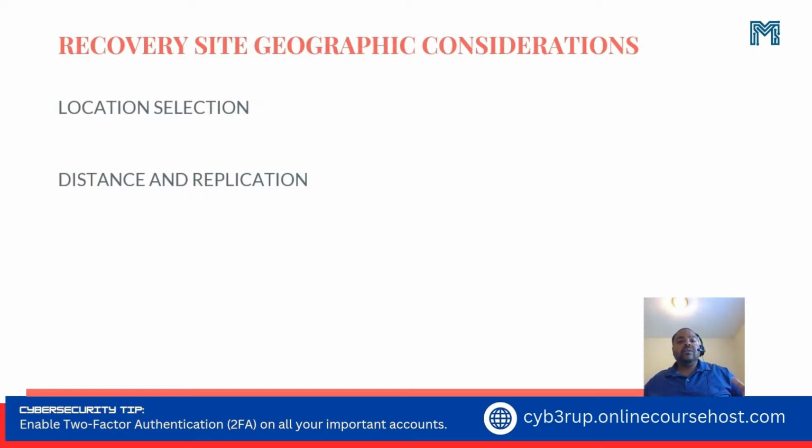But then you want to consider, how far is too far? Let's say you have your data center here in Columbia, and then you have your alternate data center in Ireland, and Ireland is a whole day ahead of you. Does it make sense to transfer data that you made today to a data center that's ahead of you by 12 hours? So just keep those things in mind.